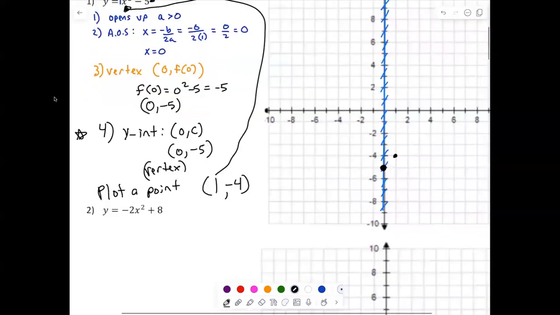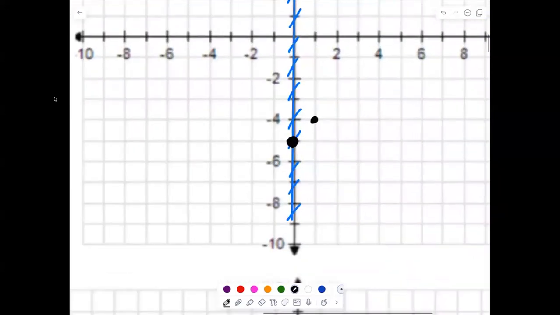Now, I have the y-intercept, I have the first point. So if I'm looking at the axis of symmetry, can someone tell me another point that's going to be on the graph? How do I know this point is on the graph? Yes, it's equidistant from the axis of symmetry. I measured 1 over, and now I measure 1 over here. So everybody with me?